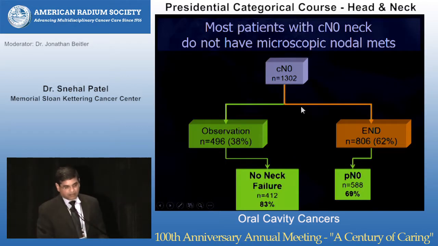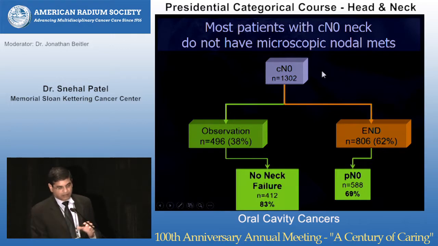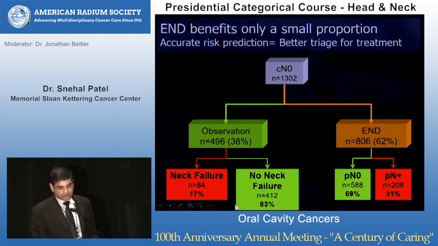The emphasis here is that if you look at the patient with a clinically negative neck, most of these patients do not have microscopic disease in their neck. So what you're really trying to do is catch these patients who have disease in their neck, which is identified either through failure in the neck after a period of observation or on histopathologic examination after elective neck dissection.